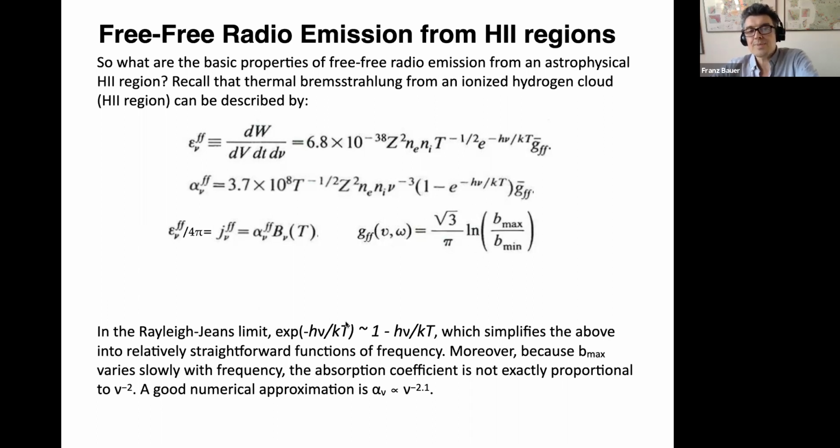So in the Rayleigh-Jeans limit, this exponential turns out to be just h nu divided by kT. The minuses cancel, the nu's cancel, and you have nu to the -2. The Gaunt factor has a frequency dependence, and so it ends up looking something like this. It's very close, but not quite.